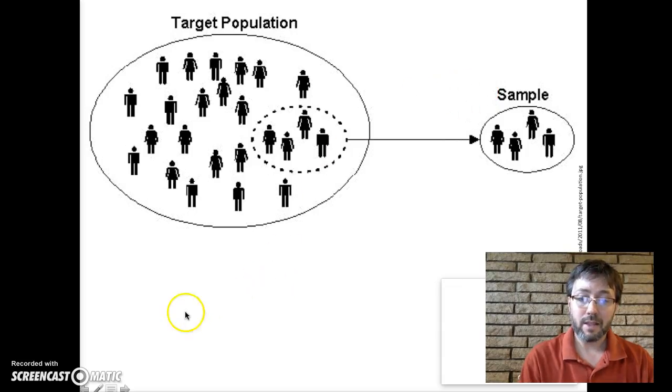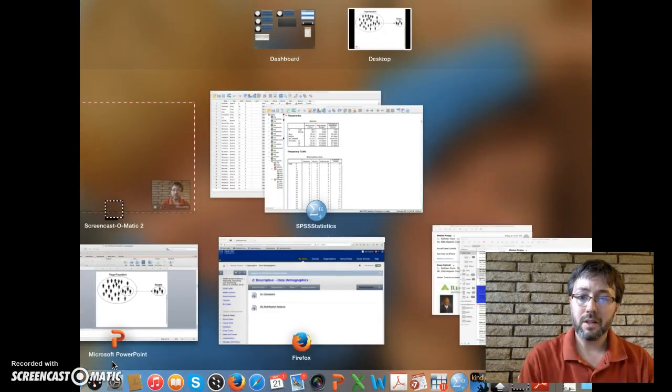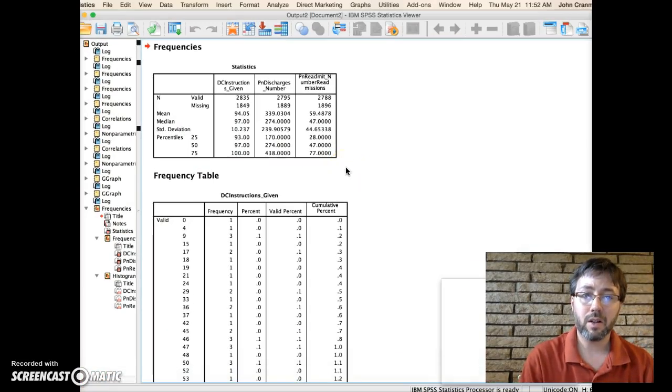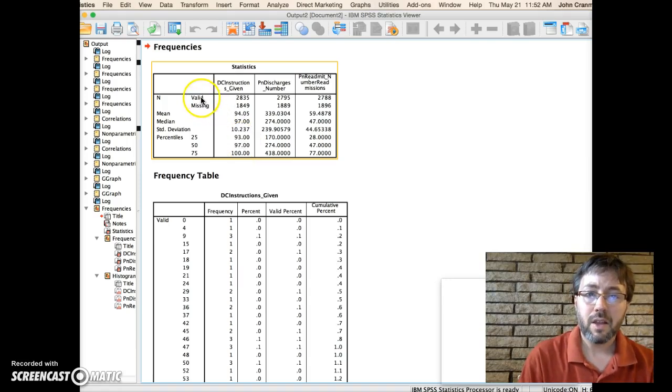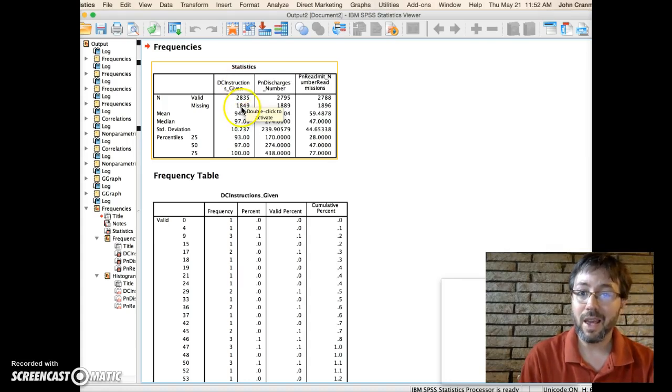So when we look at this summary statistic, let's see how many observations we have data on. You can see here that we have 2,835 observations on discharge instructions, but we have no data on 1,849. So if you calculate the percentage, this is going to be somewhere on the order of 2/3 of the facilities that we have data about.